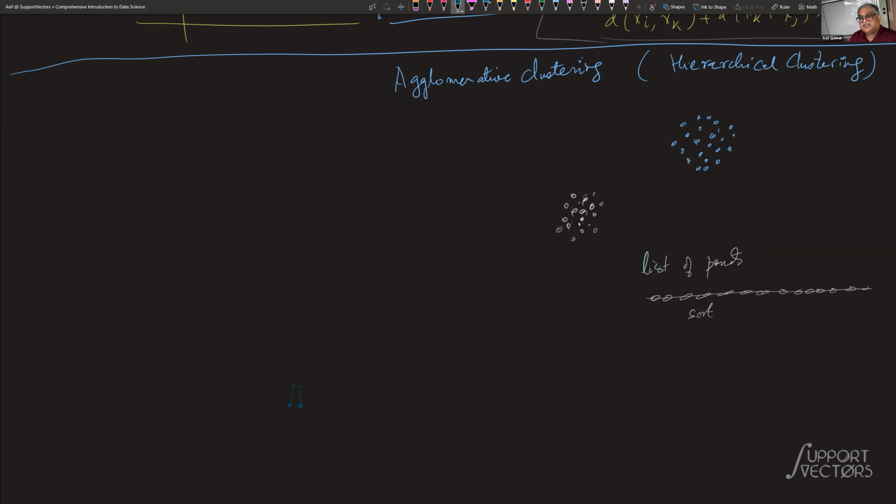Then you take the next arbitrary point, whatever it is. Maybe you'll pick some point somewhere, and that also will have a nearest neighbor. Maybe it has two nearest neighbors at the same distance to each other. By chance, it can happen. So you put these two together. Are we together? And then these are consumed, so you keep removing those points from the list.